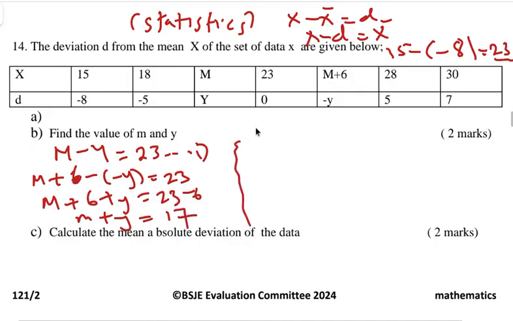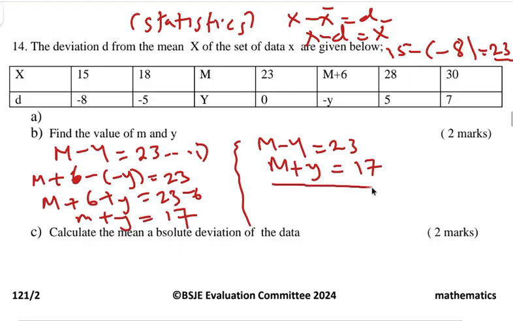So you have two equations. So the first equation being m minus y equal to 23, and the second equation being m plus y equal to what? 17. So how do you get the m's and the y's? So let me eliminate m.